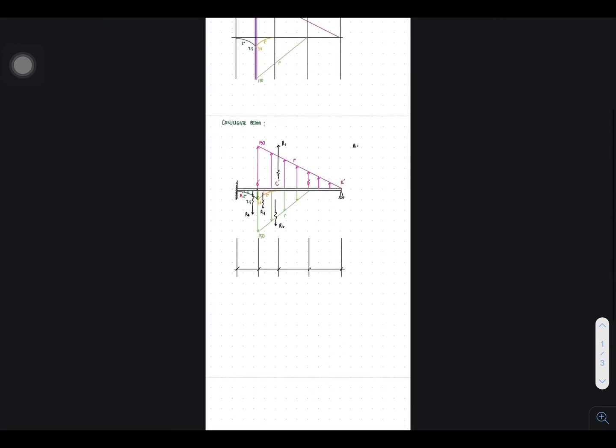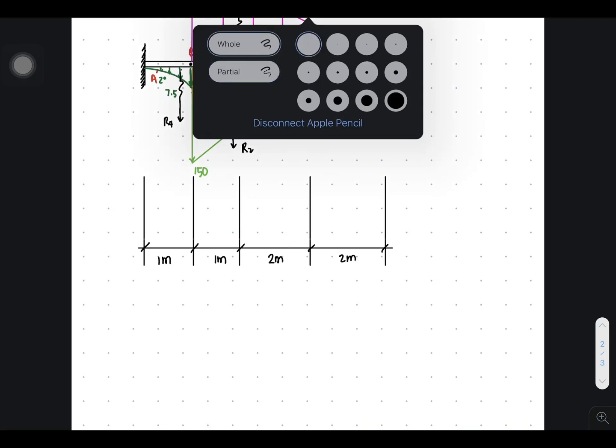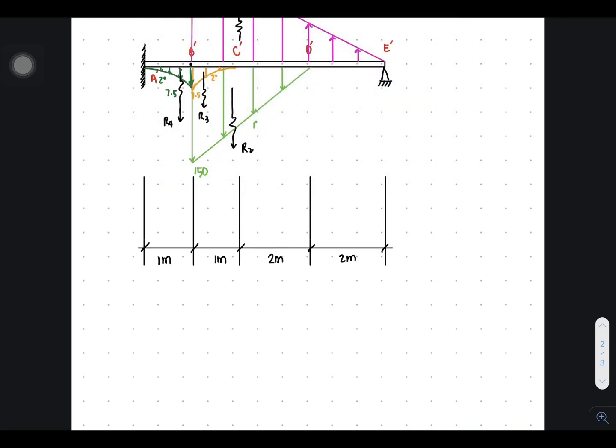So the distances are 1 meter, 1 meter, 2 meters, and 2 meters. And somehow, ako nang delete, and then this one.